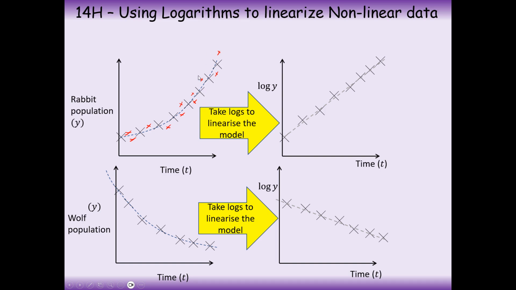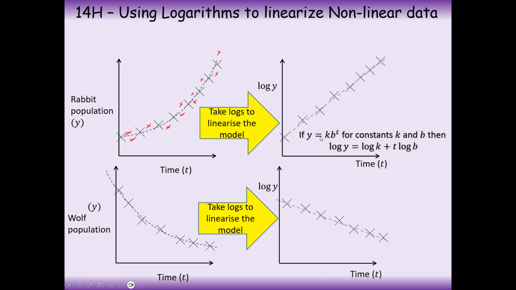If it has a positive gradient there, you will have a positive gradient in a linear model. If it has a negative gradient in the exponential model, it will have a negative gradient in the linear model. So let's see how it's done in real life.